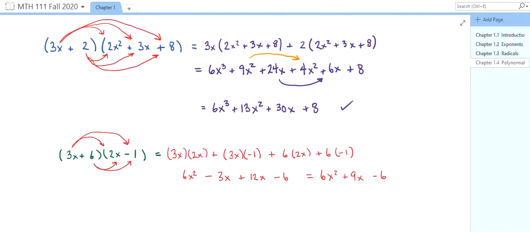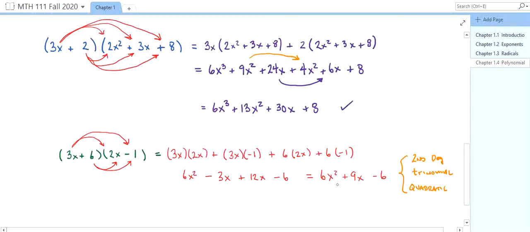So this, again, is second degree. It's a trinomial. But anytime you have an x squared polynomial like this, we'll often call it a quadratic equation.